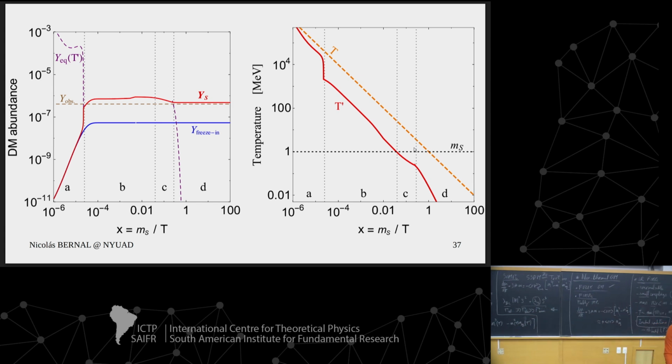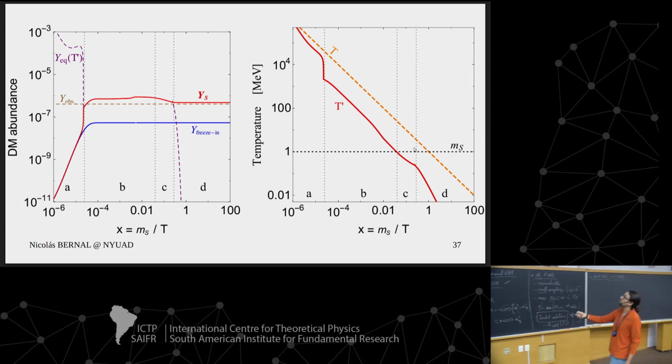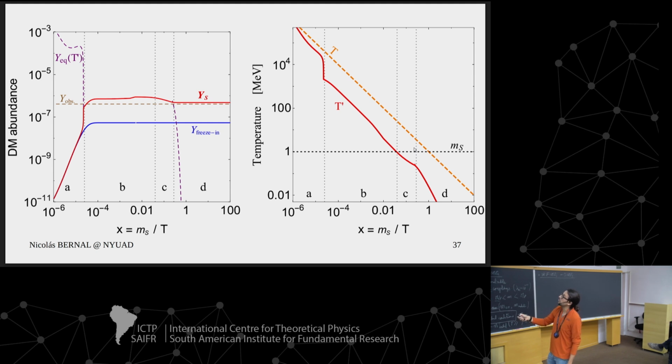This is a kind of complicated plot, but let's focus on the left. Again, the same plot, yield as a function of x. This blue line corresponds to the freeze-in, what we saw before. You have the slow production, and at some point you reach the plateau.